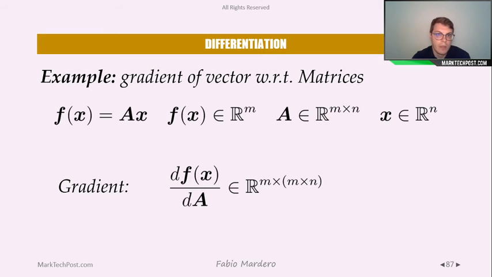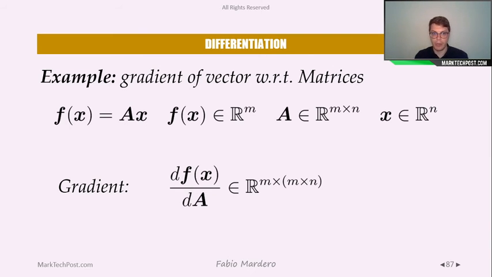But now let's look at the chain rule in a more abstract way, taking the gradient of a vector with respect to a matrix. Here we have a function that goes from Rn to Rm and can be written as the multiplication between a matrix and the input vector.